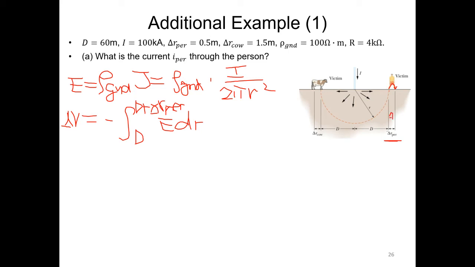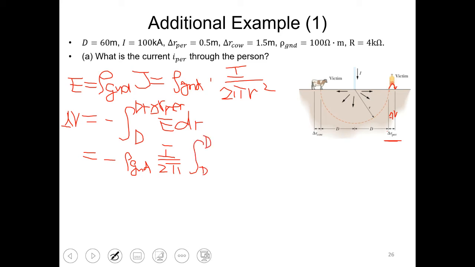We have many constants, so we can factor them out: rho ground times I over 2 pi, times the integral of dr over r squared from d to d plus delta r_p.